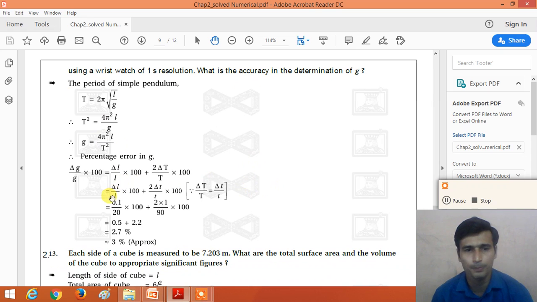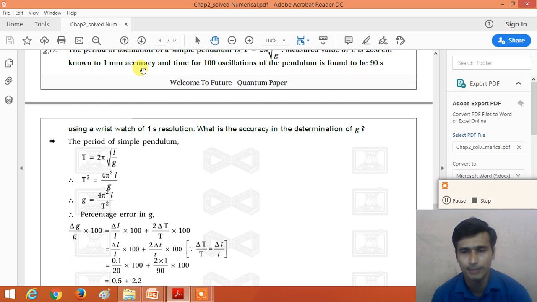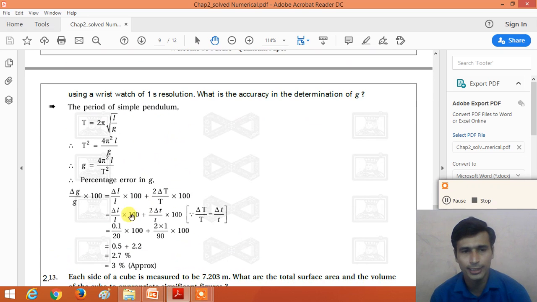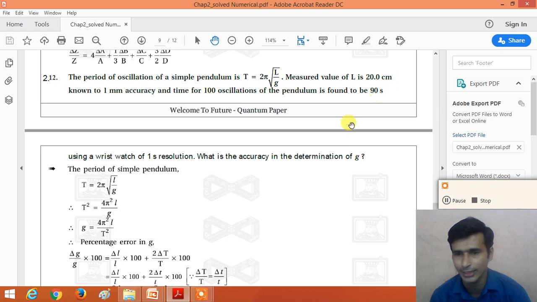So we place delta L as 0.1. Here the delta L is given to you as 1 mm. 1 mm is equal to 0.1 centimeter. So delta L is 0.1, and the true value of L is 20 centimeter.